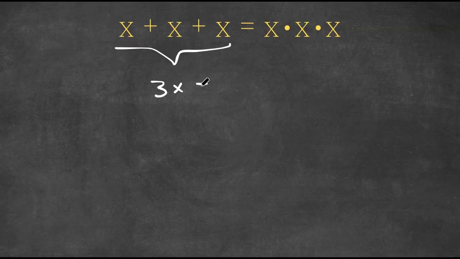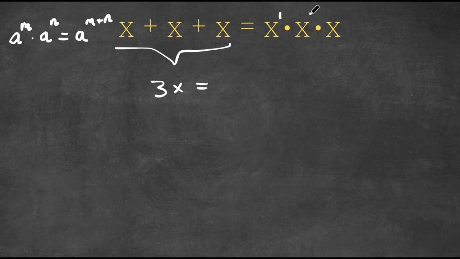is equal to, now x times x, well, if we have something in the form a to the power of m times a to the power of n, this is equal to a to the power of m plus n. So we have x to the power of 1. All of these degrees are 1.